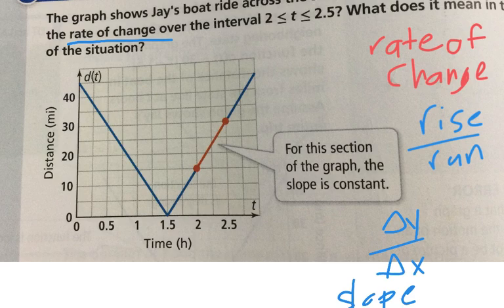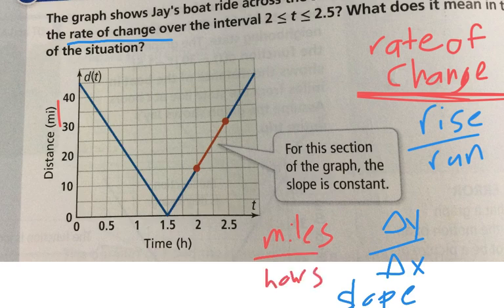So in this case, his rate of change, what is the y value? It's his miles traveled over what is the x value? The time. The hours it takes him to do it. So what is my rate of change here? It's the miles per hour.